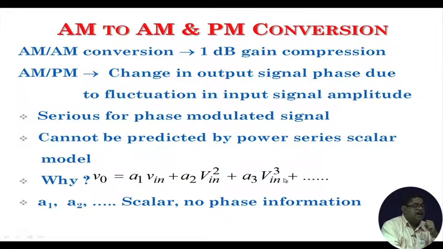So, appropriate mathematics we should bring. If we do that, then we can find AM to PM. That is a more complicated model. At your level, you do not require it. At the MTech level, we do not expose you to that. When you do research, you can consider these as complex phasors, and then you can find this out.